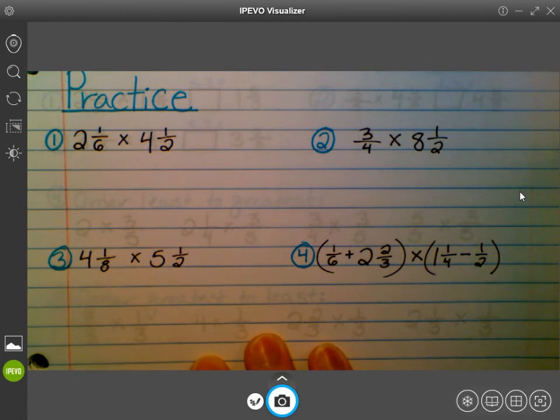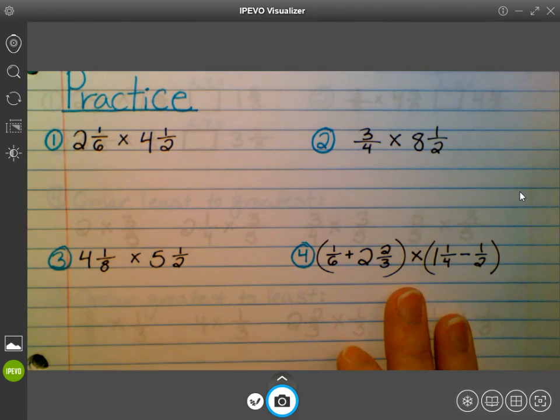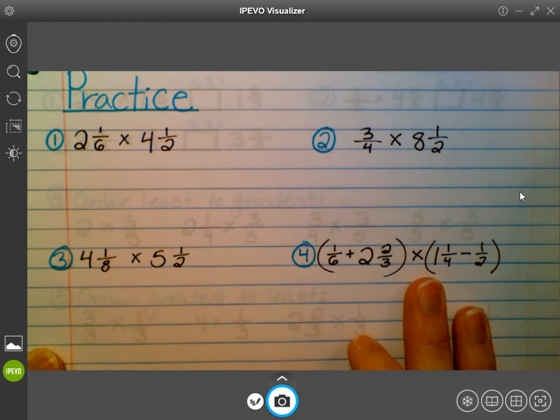I'm going to start solving them as well, so you can check your answers as you go, especially since we'll be heading up to math in a little bit.